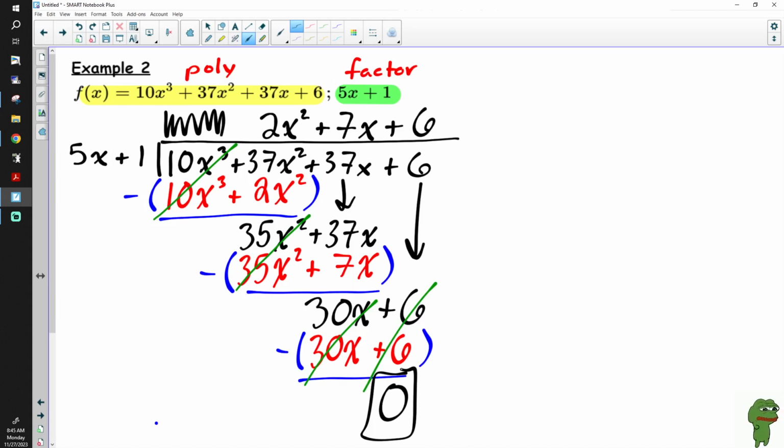So, what we have now is we have begun to factor. Right now, our current answer is 5x plus 1. That was our first factor. And what was left over?